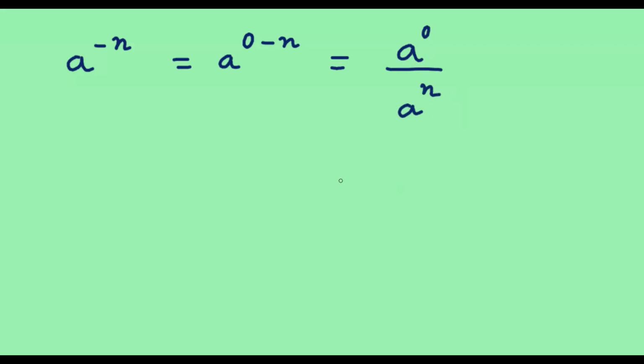Using the zero exponent law, a to the power of 0 will be 1. So we end up with 1 divided by a to the power of n. So we can see that a to the power of negative n is equal to 1 divided by a to the power of n. And so we can see that the negative exponent law has been proved.